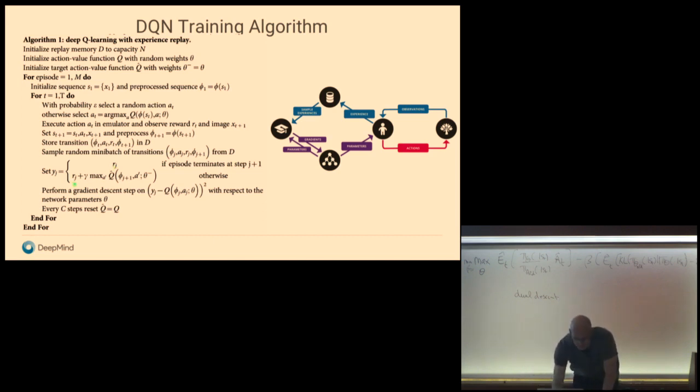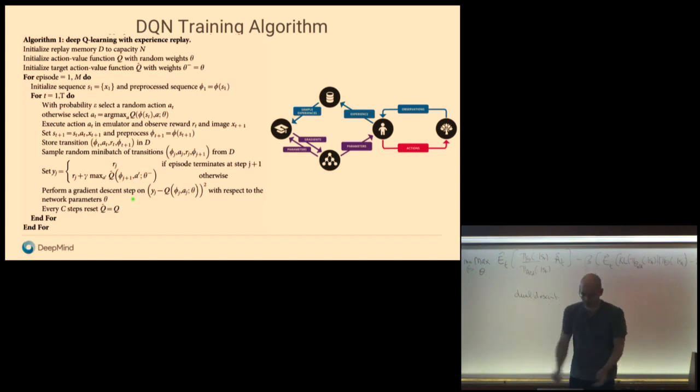If it did not terminate, look at reward plus Q value at the next time. We now have our target values. Now we set up our regression objective. We want our Q function to get closer to our target values. We do a few gradient descent updates, or Adam, RMSprop, and so forth, on the network parameters. And we've done our learning for this iteration, and then we repeat.